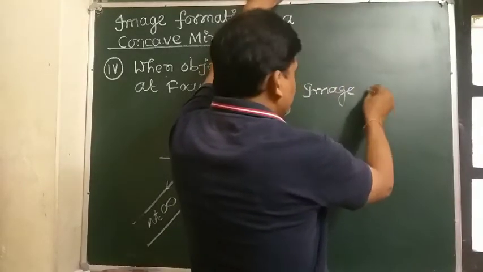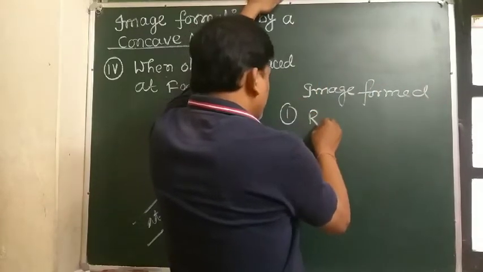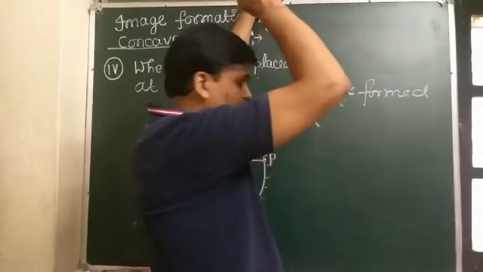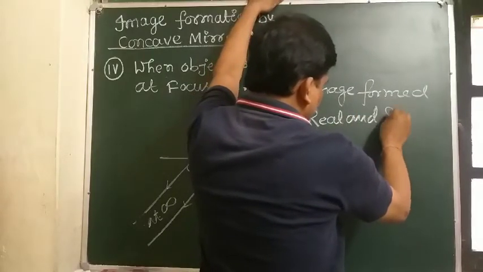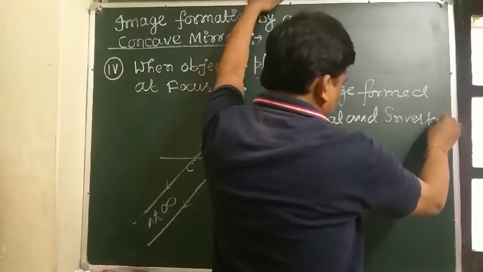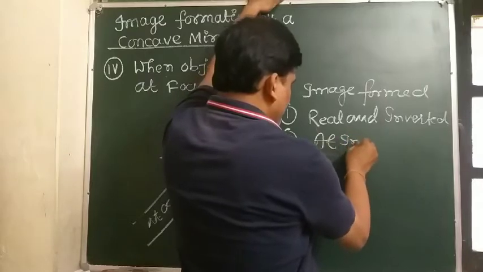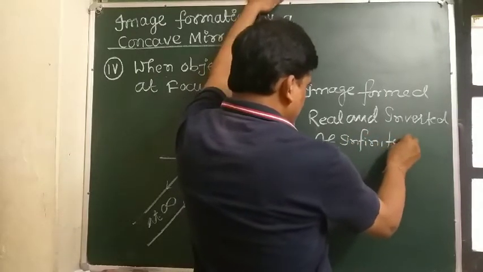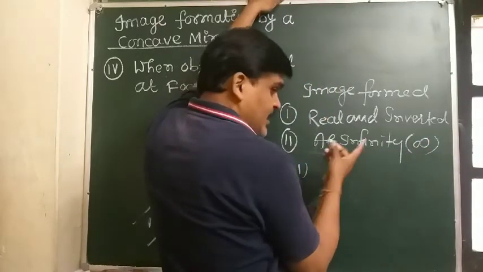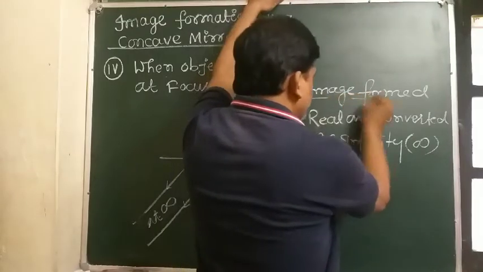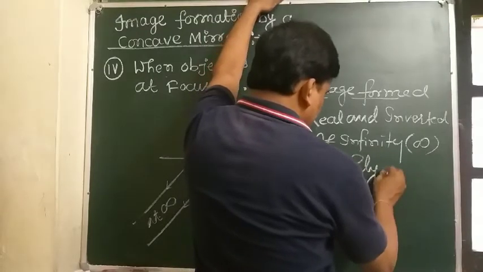The nature of the image formed in this case is real and inverted, because these two reflected lights meet at infinity. The image is formed at infinity, and the size of the image is highly magnified.